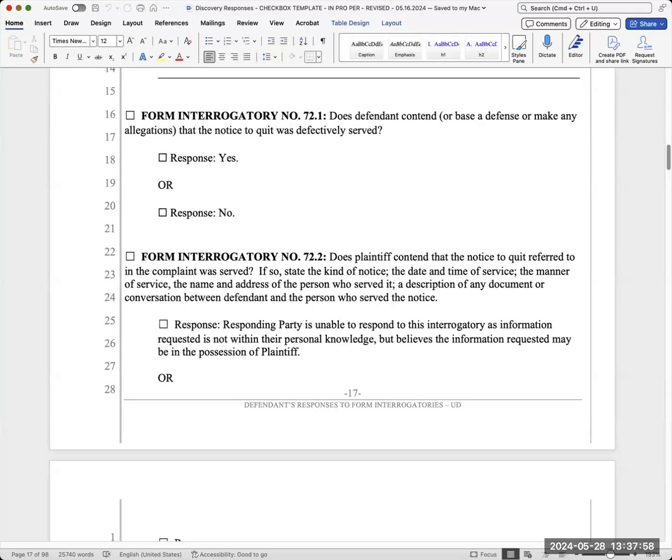If it says we posted it in a conspicuous place on this date and also mailed it, but they didn't do either of those things or one of those things, you can say it was defectively served. This is a yes or no question. Either you think it was defectively served or you didn't. You don't have to explain it here because they're going to ask questions about it next. So this is just asking, do you allege the notice was defectively served?